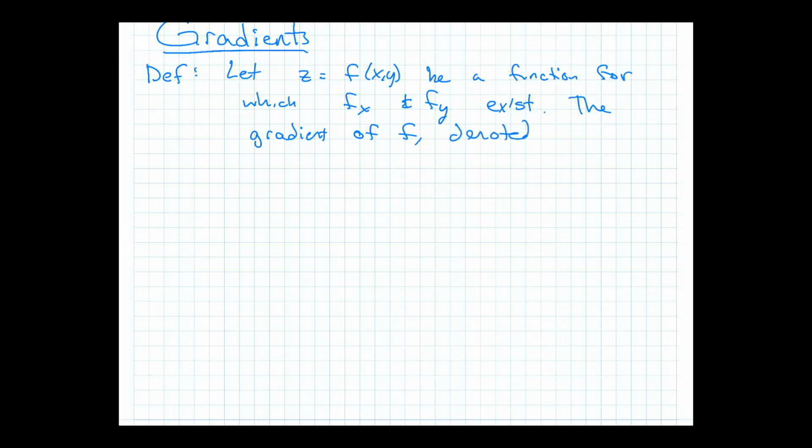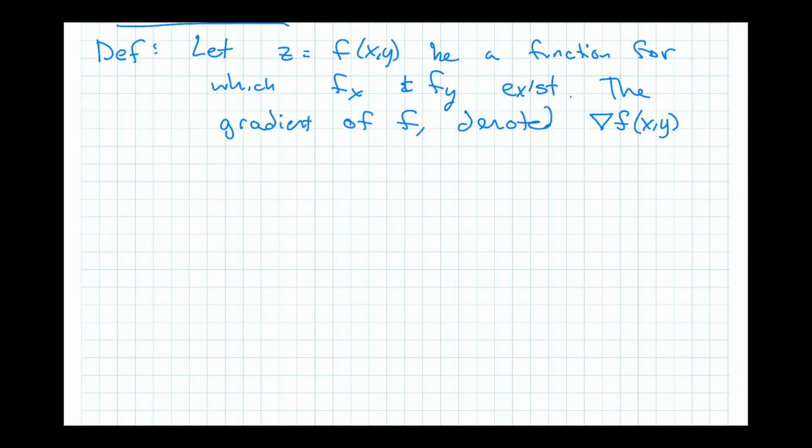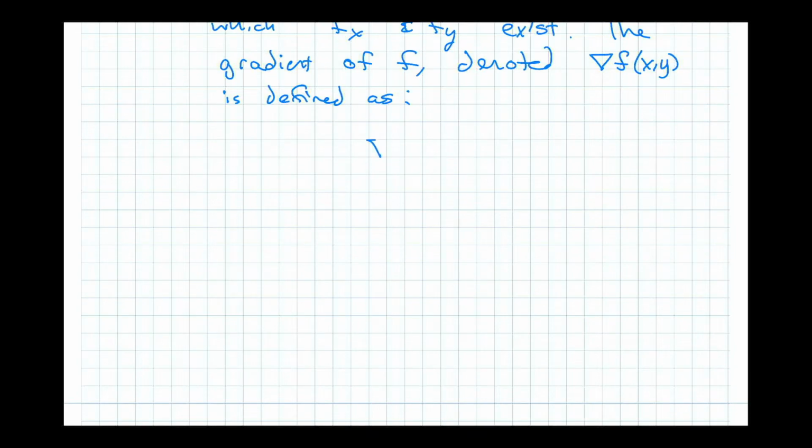denoted, got a new symbol for you guys, upside down triangle here, f of xy. This gets called grad f, by the way. So denoted that way, it is defined as grad f, and it's just this vector.